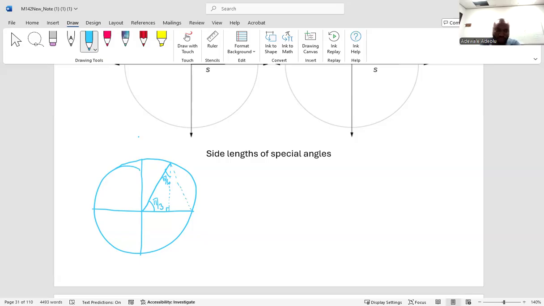Now, I want to call this place a side. Let me bring it out so that you can see it clearly. Instead of writing the whole word side, I will just say S.